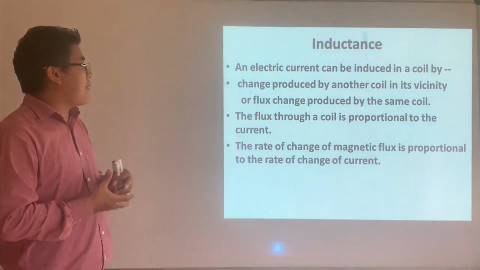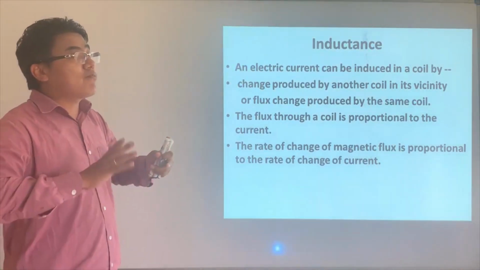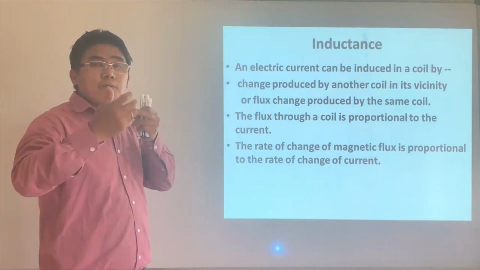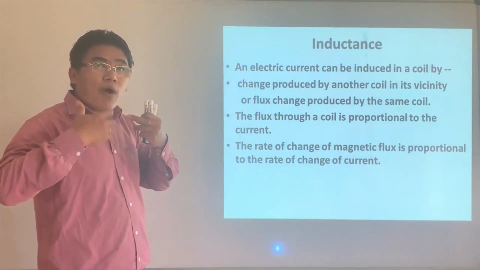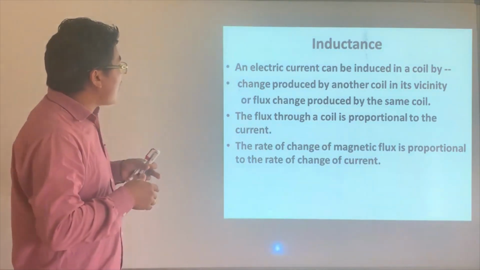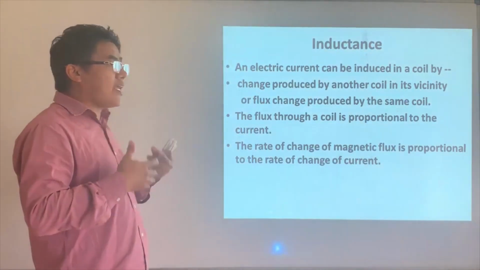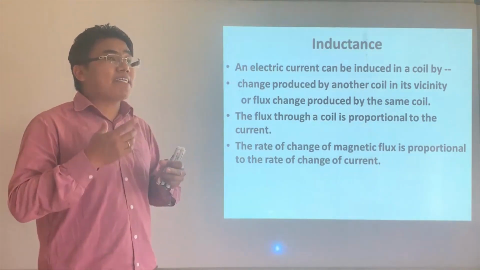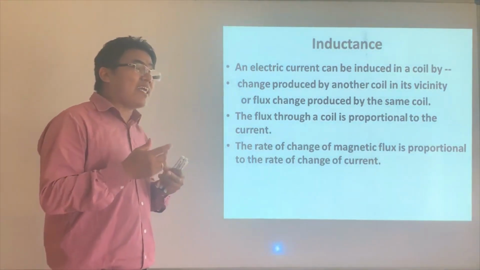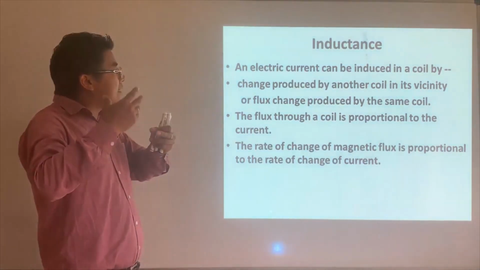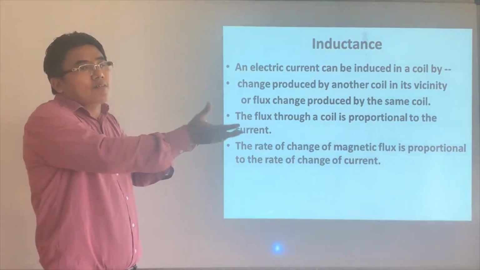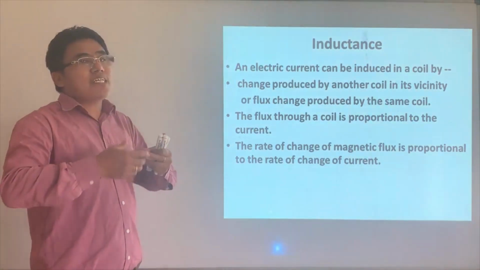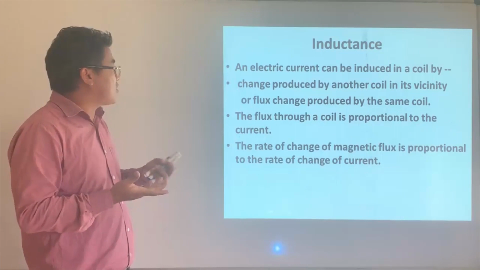Since I discussed two cases, one is mutual and the other is itself, current can be induced in a coil in two ways: either by changing a current in a nearby coil, or by changing the current in the coil itself.